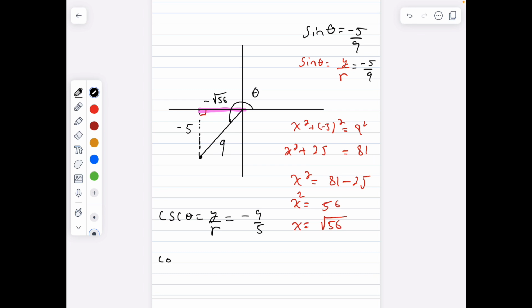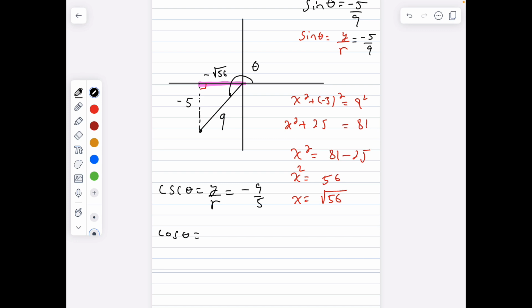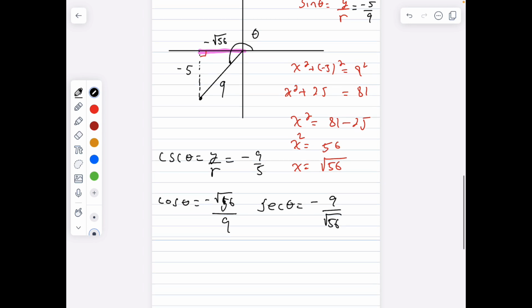Cosine would equal x over r, so it's minus root 56 over 9. Secant is the reciprocal, r over y, that'd be minus 9 over root 56. Tangent is equal to y over x.